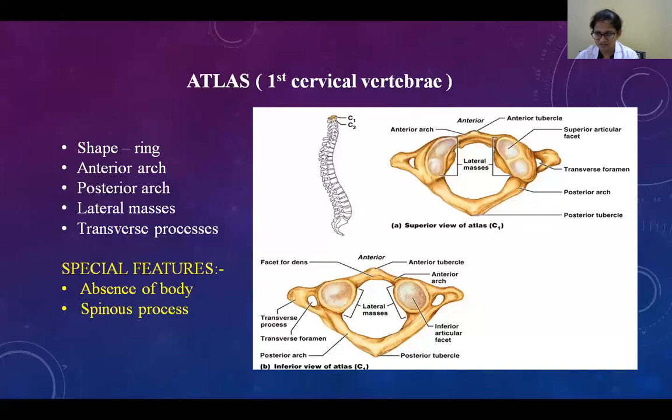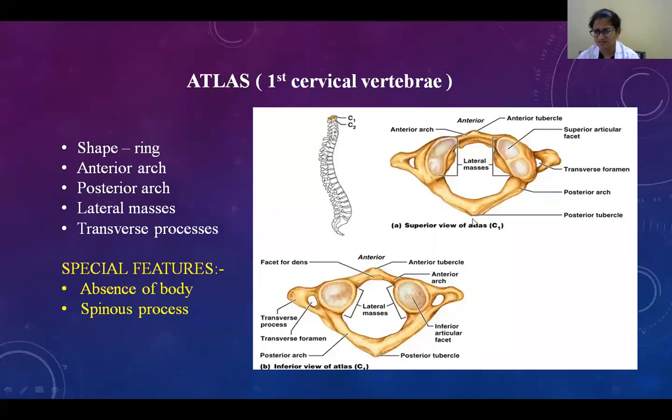And next, this is the posterior arch. Just behind the lateral mass, there is a groove which lodges the spinal root, and along with that you see the vertebral artery. Just behind that, the rest of the upper surface of the posterior arch gives attachment for the posterior atlanto-occipital membrane.